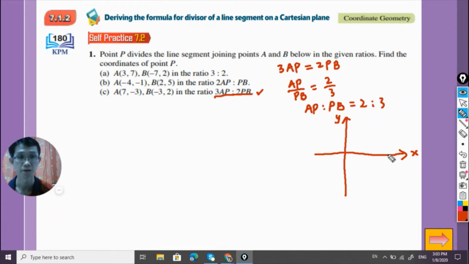Let's say 7, negative 3. So it's here. Okay, and then point B, negative 3, positive 2. So it's somewhere here. So after that, you find the 2 points. Okay, so you get a straight line A and B.